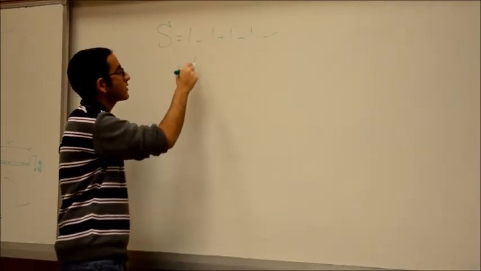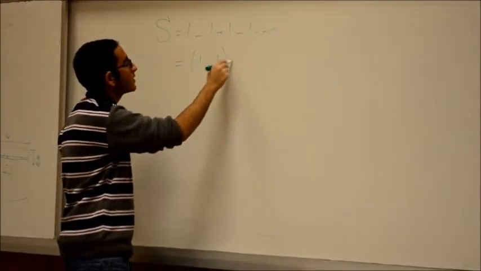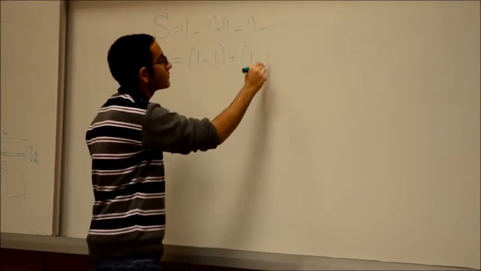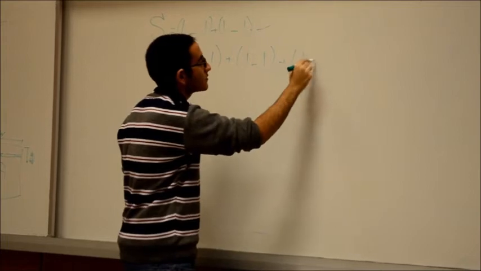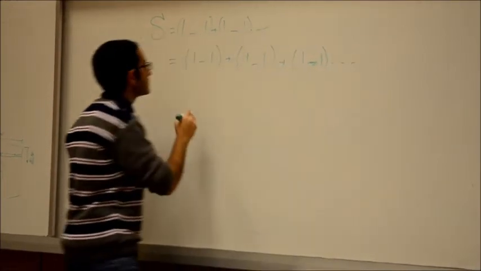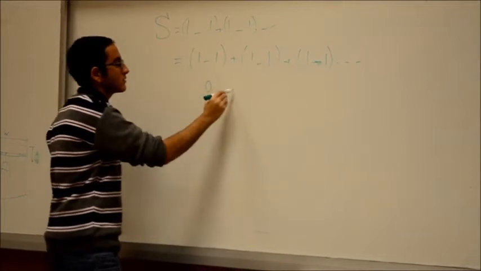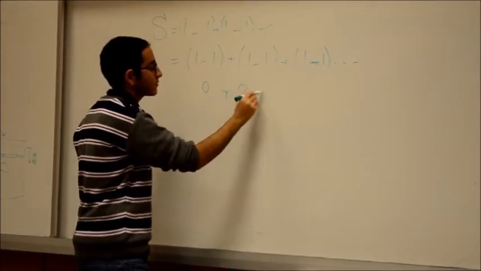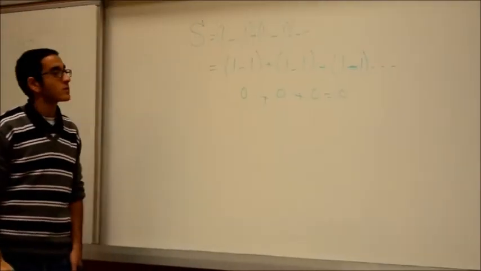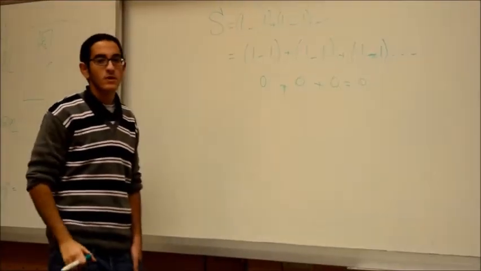I can put parentheses right here and then right here, and so on. So this is going to be equal to 0 plus 0 plus 0, which is going to be equal to 0. So we can see that this sum is going to be equal to 0.